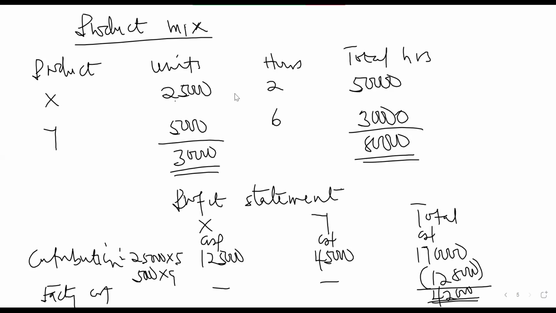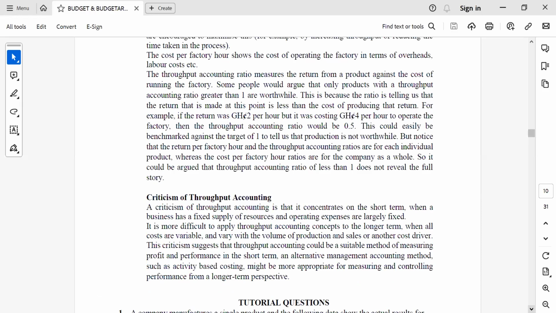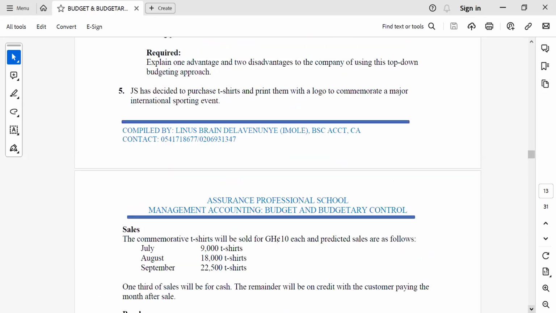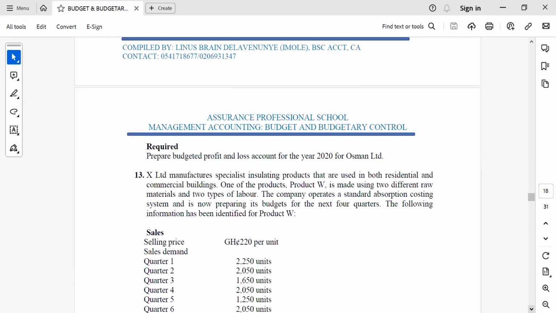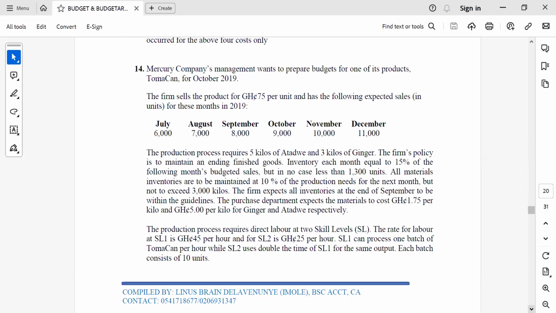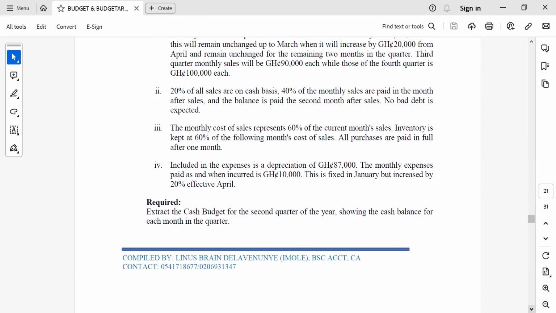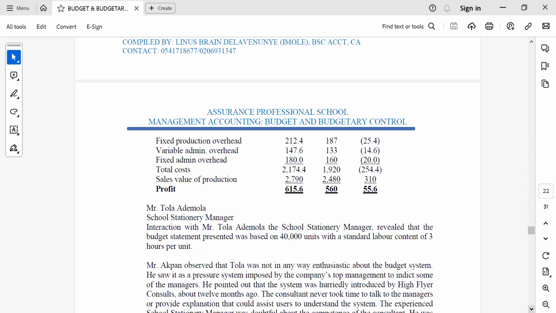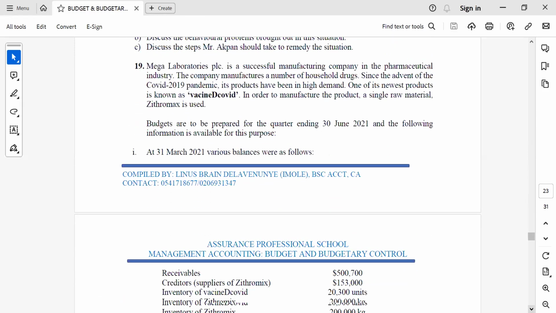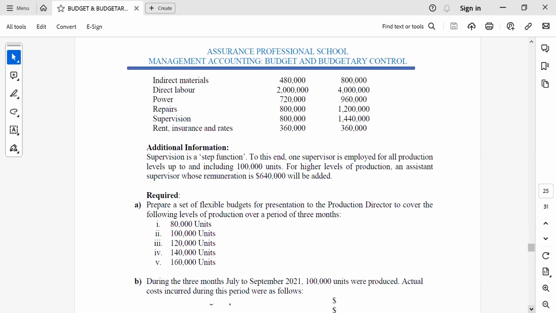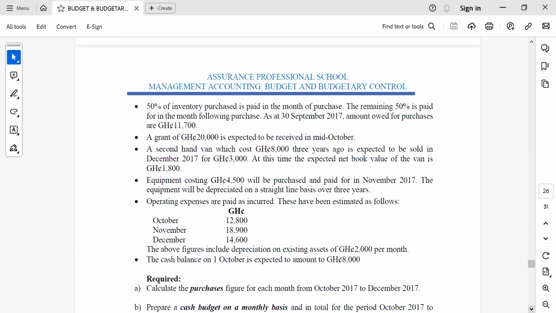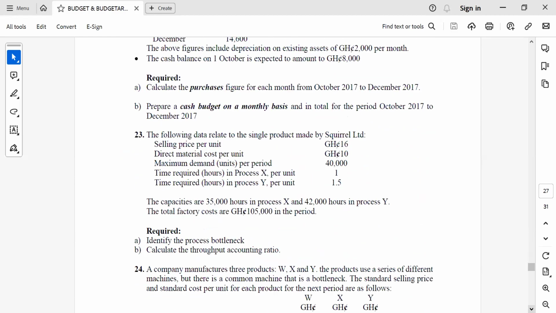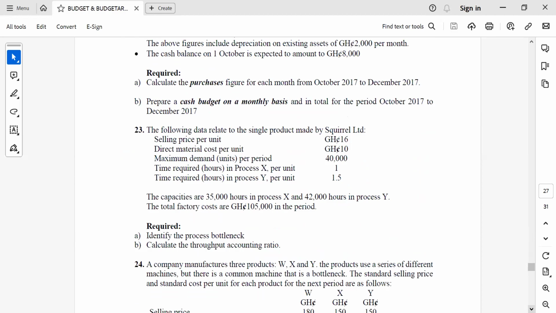This is our illustration. Let's go and pick questions. Okay, let's calculate.